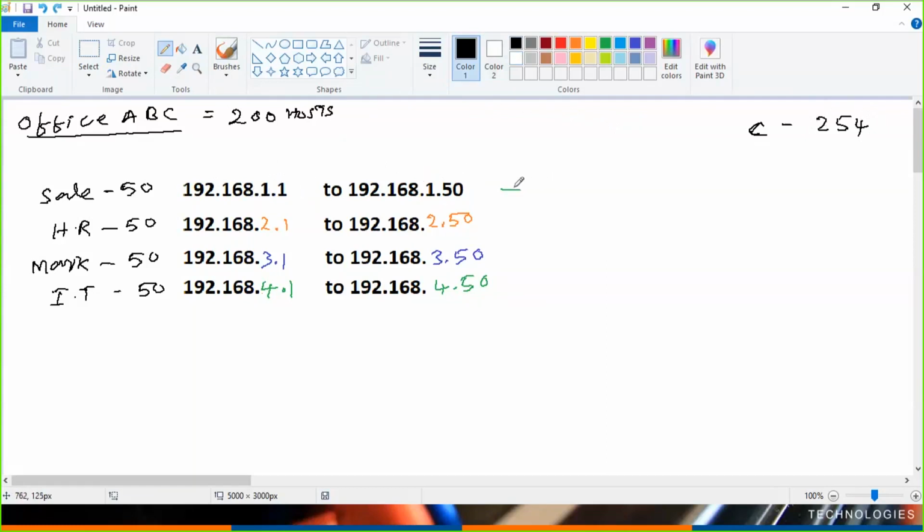The remaining, how many IPs are wasted for the sales department? 200 plus. For the HR department, 200 plus. For marketing, 200 plus. For IT, 200 plus. So in total, 800 plus IPs are wasted for 4 departments. Agree? Yes.